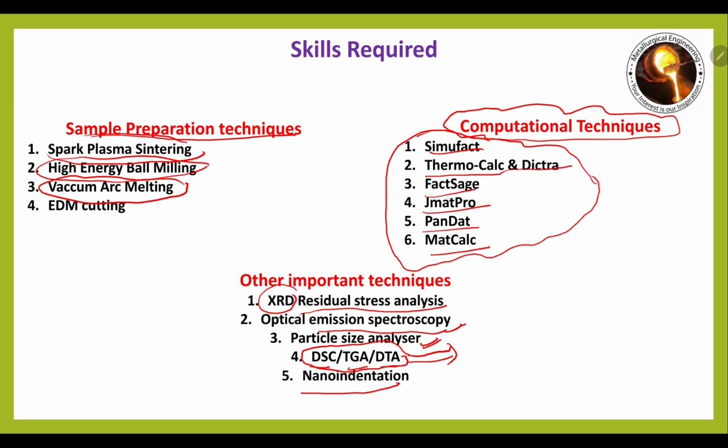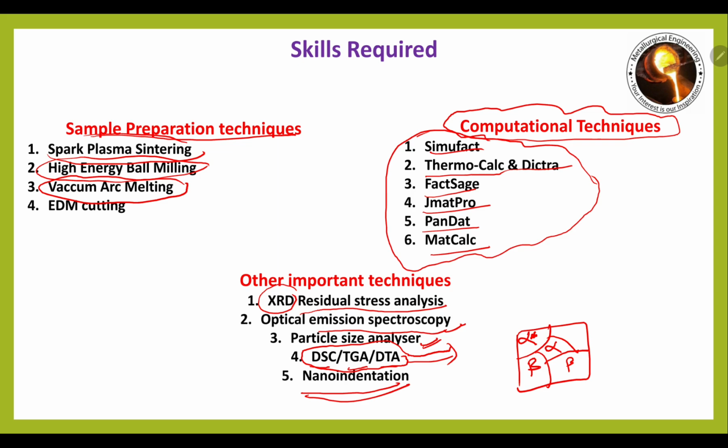Then we have nano indentation. If you have a material with two phases, like alpha and beta, you can indent at the specific phase and get the property of that phase, like elastic modulus or hardness, and you can also correlate that with tensile strength and other things.